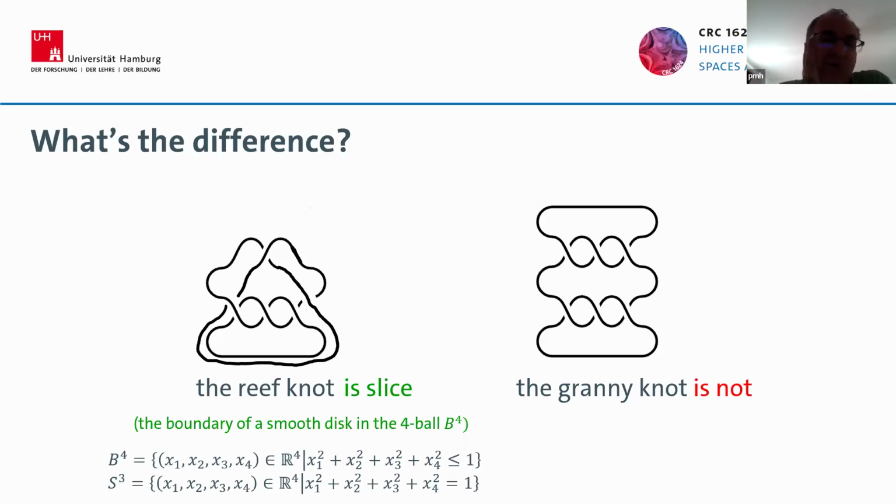So let me ask it as an open question. I might be completely wrong, and this is very speculative, but I cannot resist the temptation of posing this question. I somehow have a feeling that this slice trick you do for the reef knot would survive a non-commutative deformation, because we have the Hong-Szymański quantum 4-ball. It has as its boundary the quantum 3-sphere of Vaksman-Soibelman, which is given by precisely the same algebra as Woronowicz's SU_q(2), which was explained by Sultan in the first lecture.